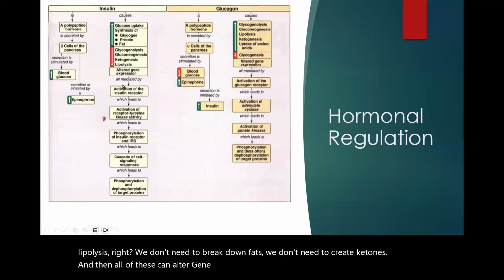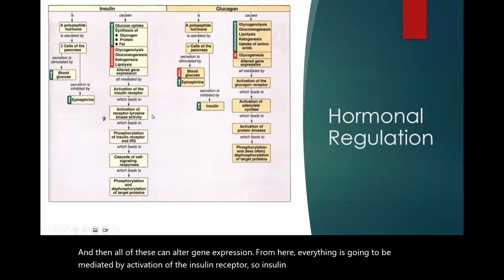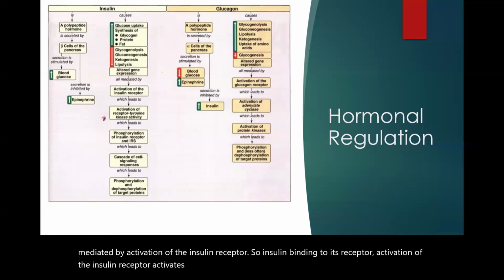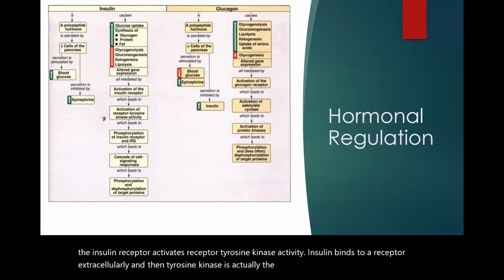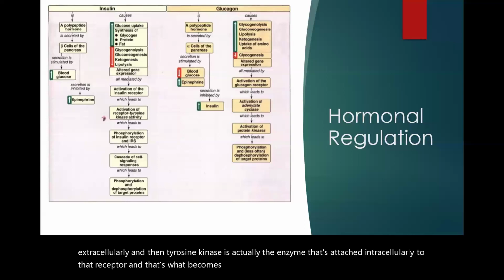Everything is mediated by activation of the insulin receptor, so insulin binding to its receptor. Activation of the insulin receptor activates receptor tyrosine kinase activity. Insulin binds to the receptor extracellularly, and tyrosine kinase is the enzyme attached intracellularly to that receptor, and that's what becomes activated. That's the second messenger system.